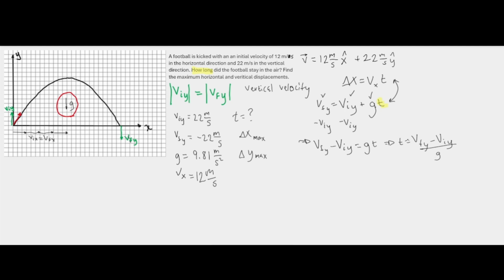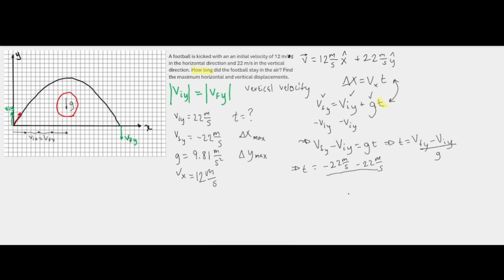And that's great. Now I can input my numeric values, and this then becomes t is equal to, well, now I have to be careful. I have a negative sign here. So it's going to be v final y is negative 22 meters per second minus VIY, which is minus 22 meters per second.